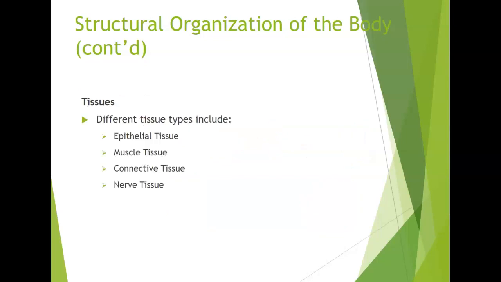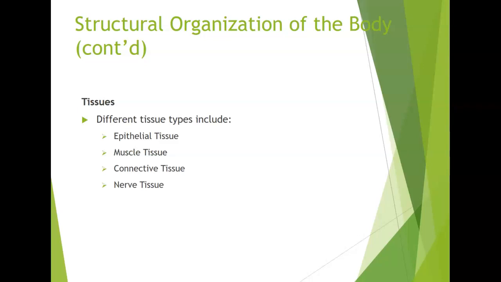When we talk about that, those cells then form different types of tissues. And so when all of our epithelial cells get together, we have epithelial tissue. Then we have muscle cells going into muscle tissue. Connective tissue is developed. And then we have nerve tissues. Okay.